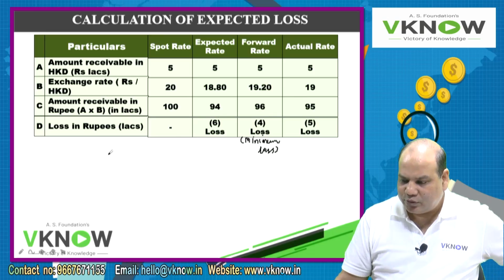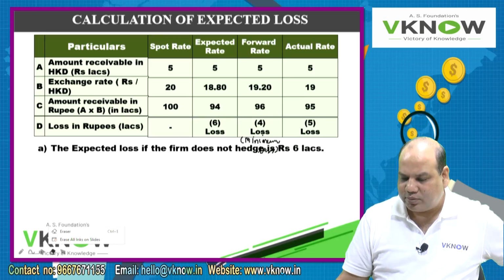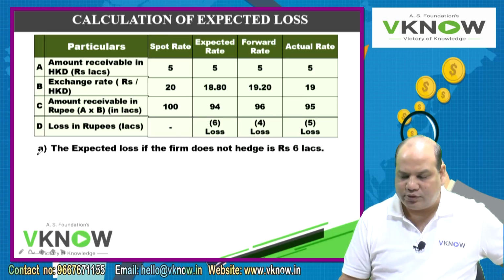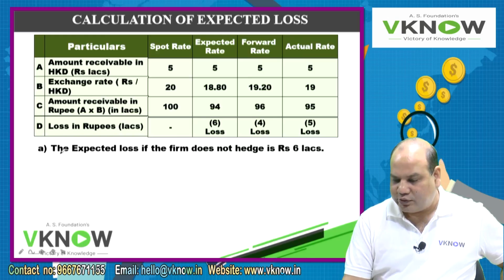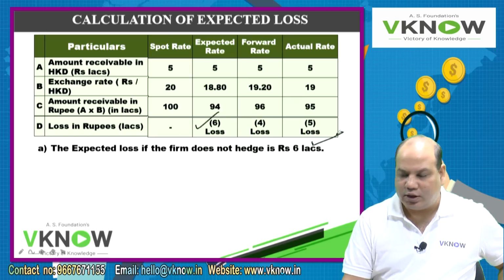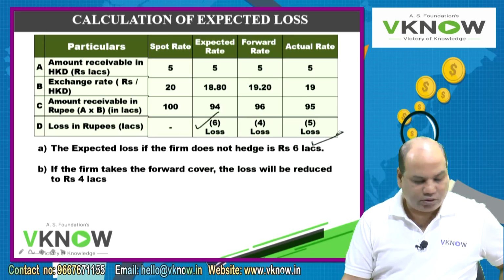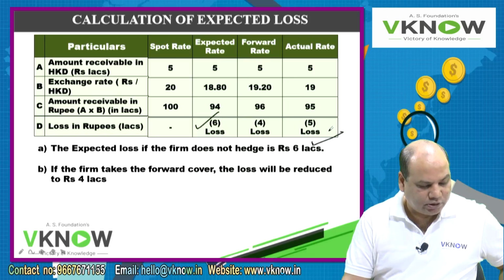Now in the exam you have to write the answer in such a manner that they give you full marks. So write question by question. The question was: calculate expected loss if hedging is not done. So we are answering that question. The expected loss if the firm does not hedge is rupees 6 lakh. Then the same question says how the position will change if the company takes a forward cover.